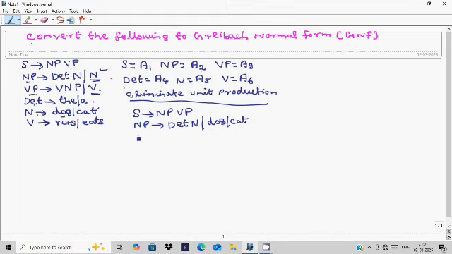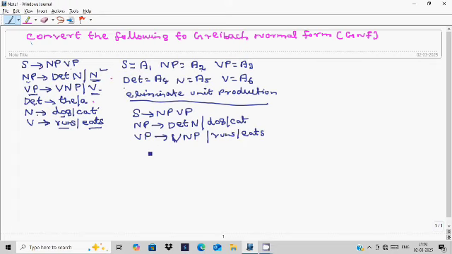Now coming to the third one, VP tends to V, and now this V is again a unit production, so we will see what is the replacement for this V. Now V has a replacement called as runs and eats now, so we will replace V by runs and eats.